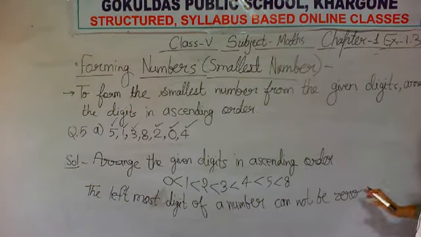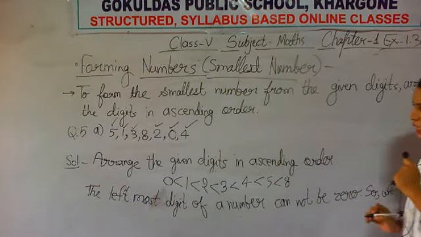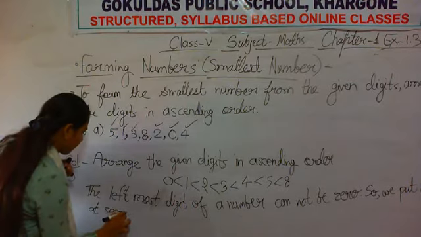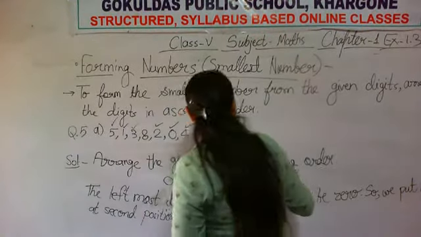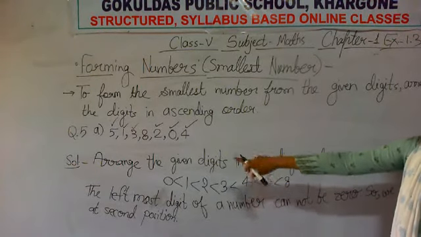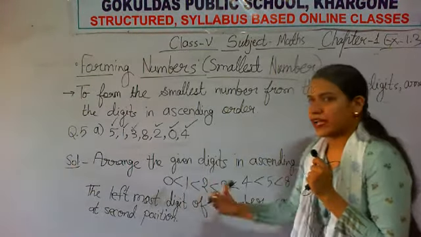So we put 0 at second position. We have done the first step, right? Why are we adding this part? Because 0 comes in the digits. So for forming the smallest number, if 0 is there in your given digits, what you have to do? You have to write the 0 at second position.